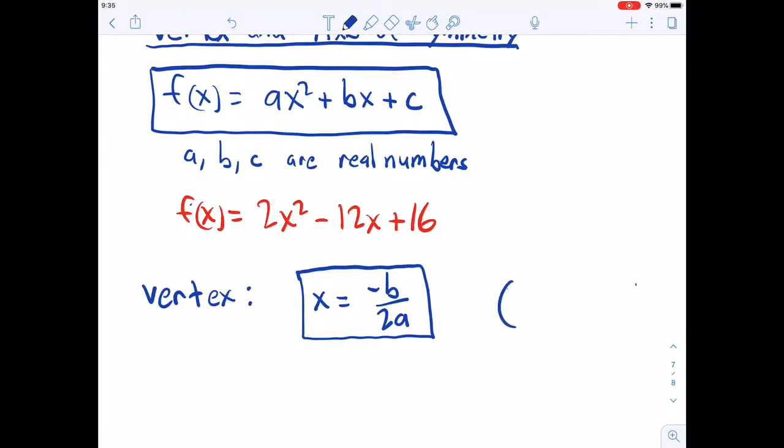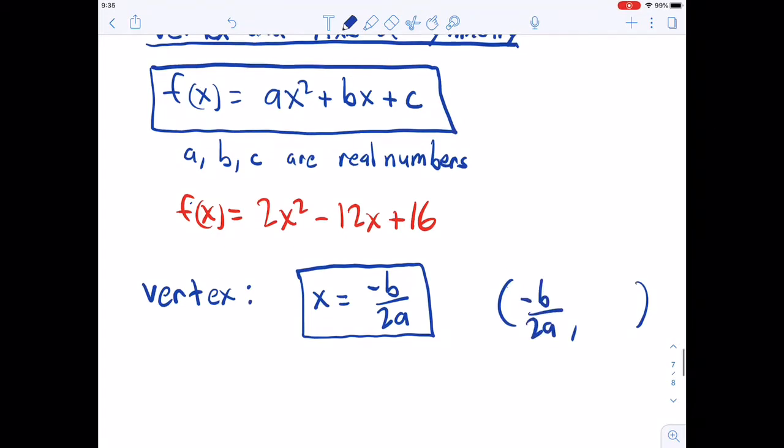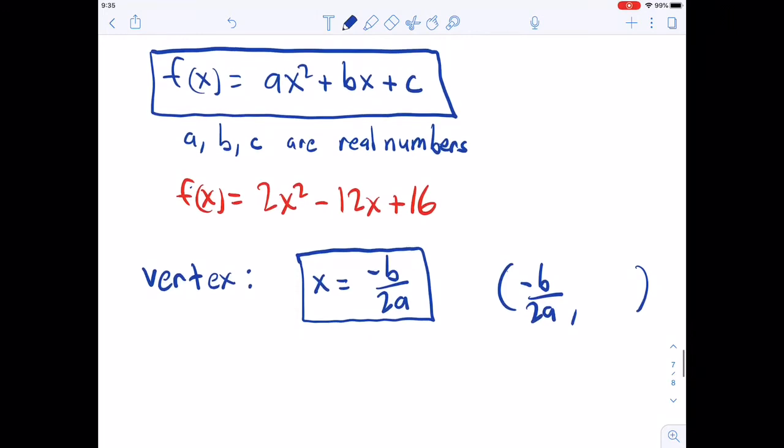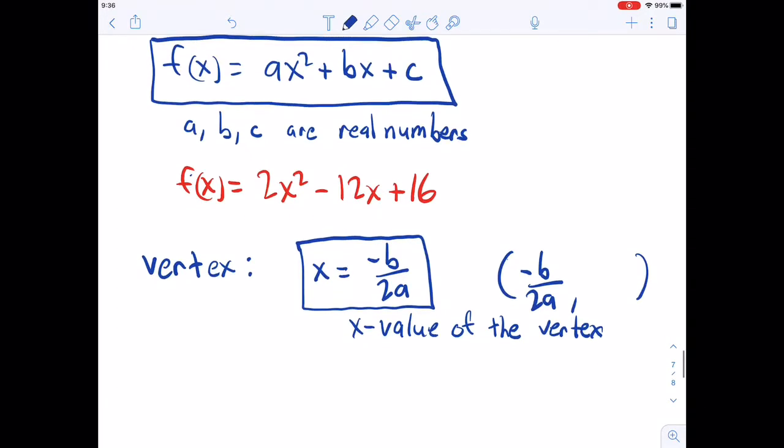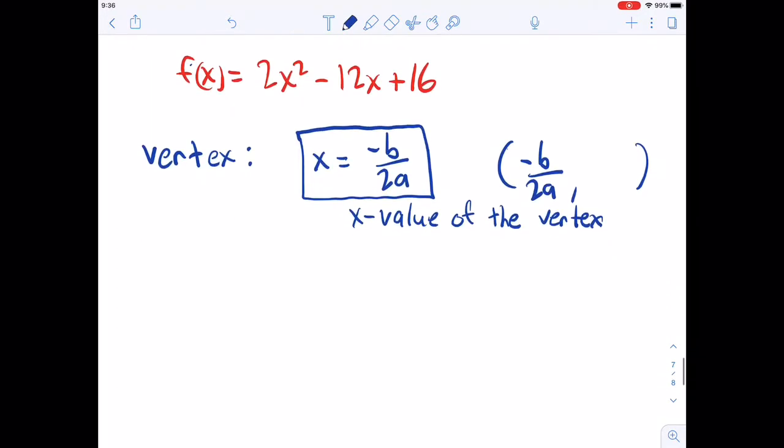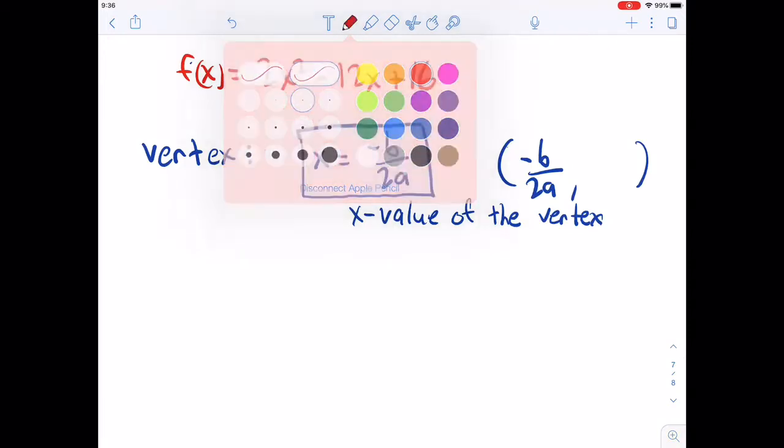Okay, so this is our x value for our ordered pair. We just have to figure out what negative b over 2a is. So this gives you the x value of the vertex. Okay, so given our problem, let's figure this out.